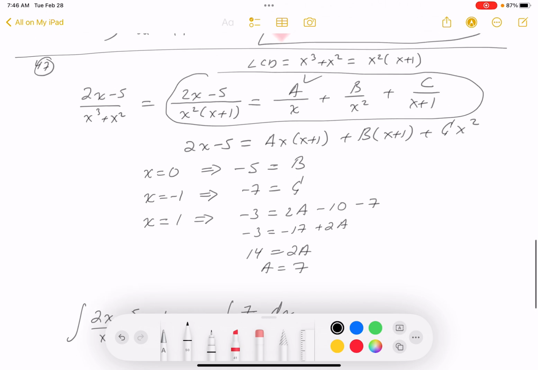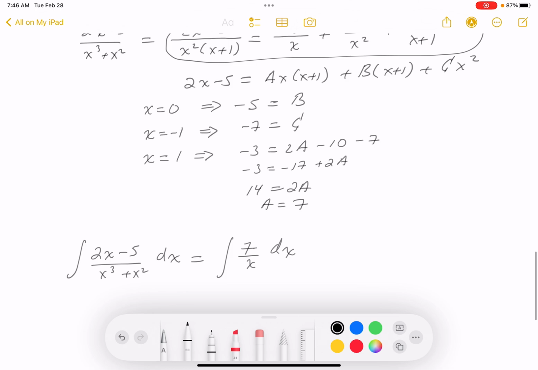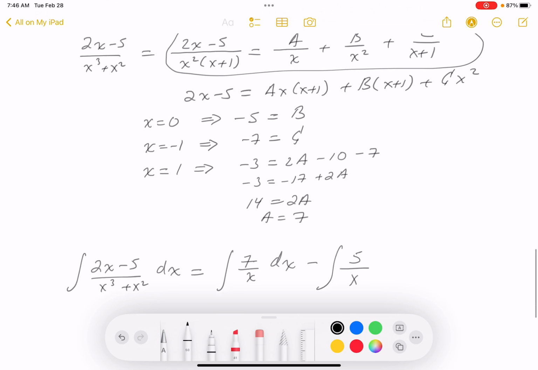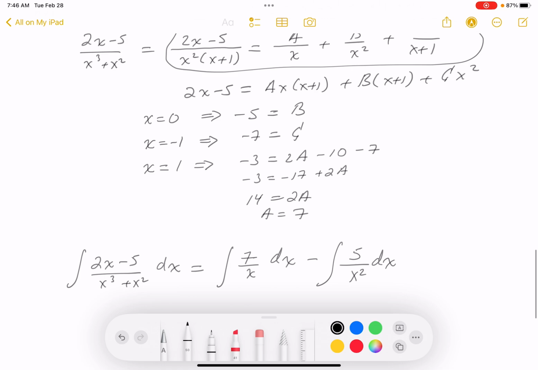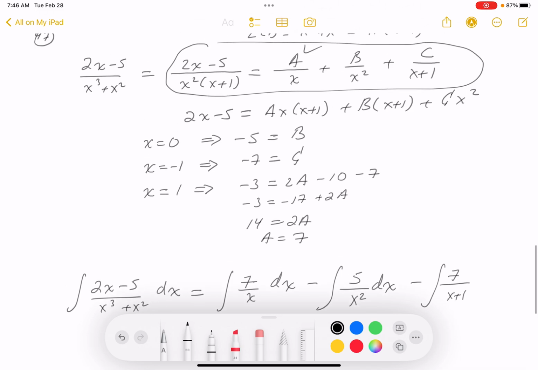And the B was minus 5, so I'll write this over here, minus 5 over x squared dx. And last but not least, I got the C right. What was the C? It was minus 7. Right over here, minus 7 over x plus 1. So if I did that right, yeah, I did okay.